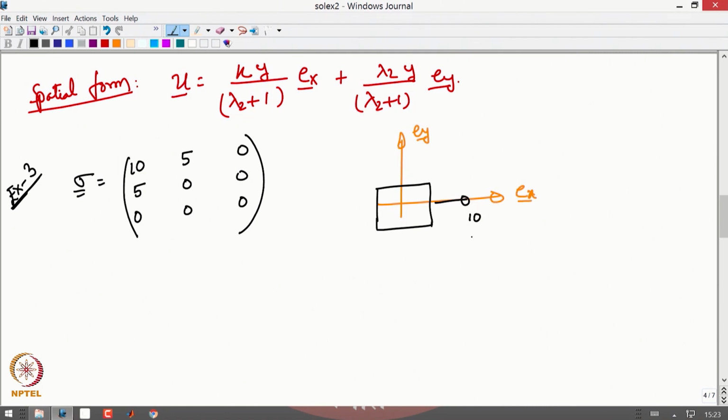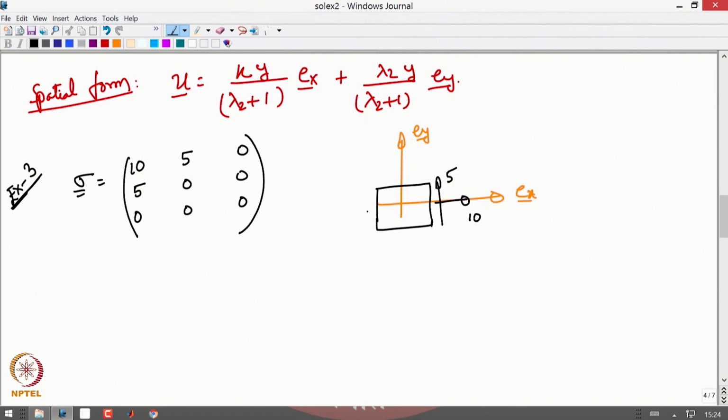Similarly, this 5 represents sigma xy, which means the area normal to the surface is along the x direction and the force is acting along the y direction. So, this is 5, right.